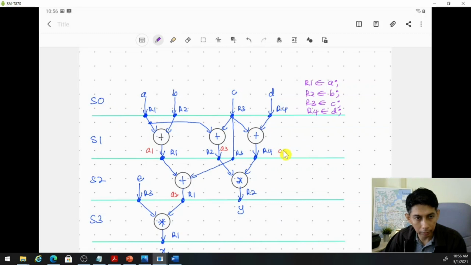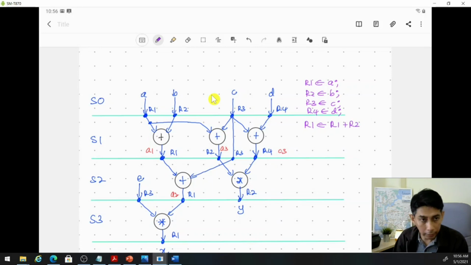And the next cycle, what we do is this, and this, and this: 3 add operations. All right, and they are performed at the same time, or simultaneously. So the first operation will be where we add R1 and R2, and we store it in R1.